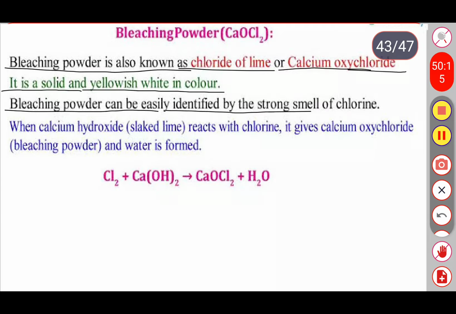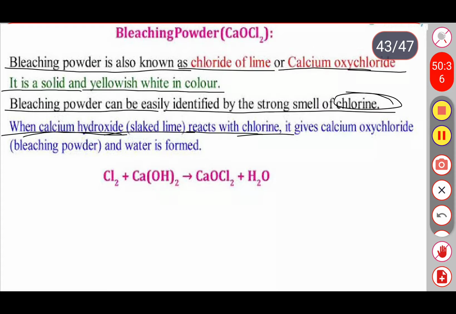When calcium hydroxide reacts with chlorine, it gives calcium oxychloride, that is bleaching powder, and water is formed.